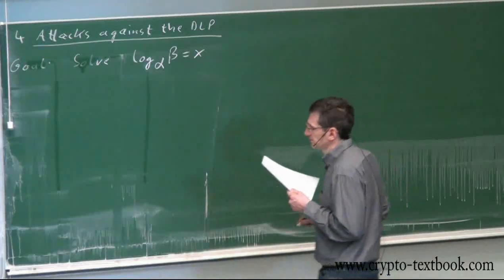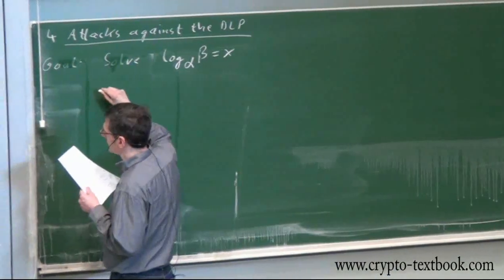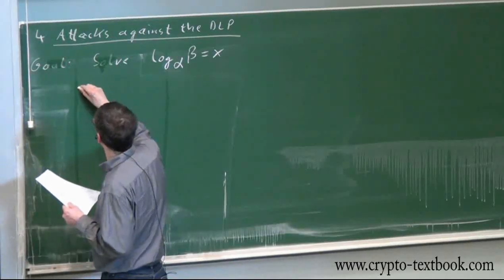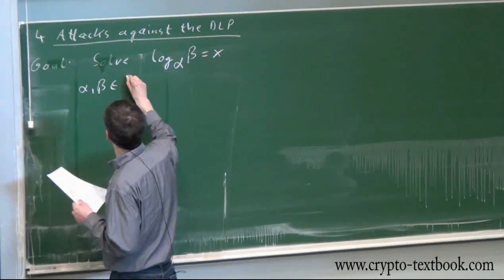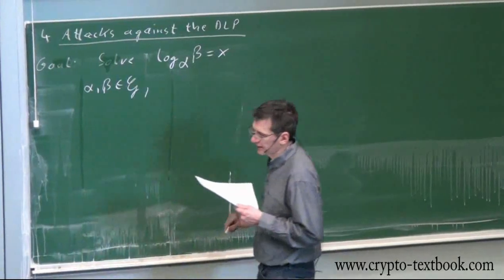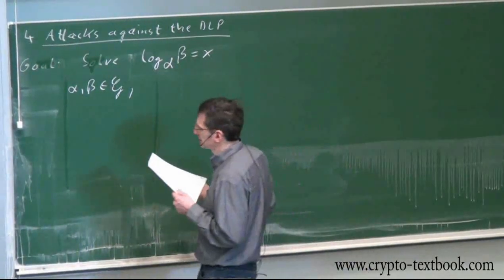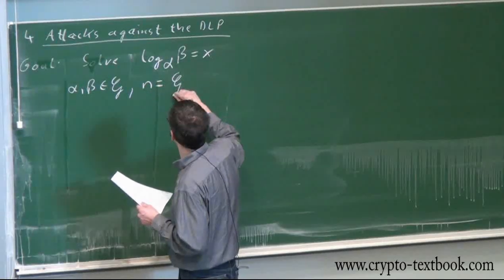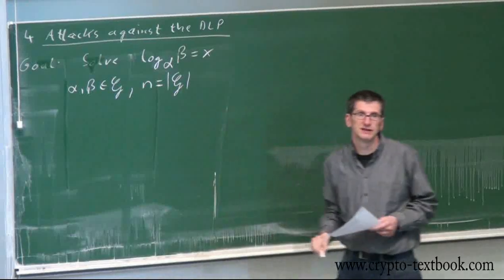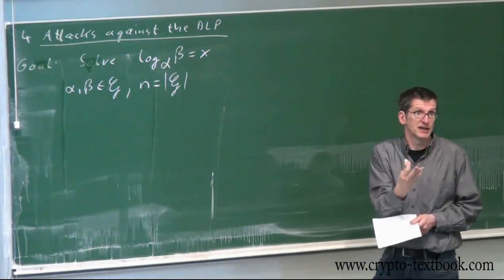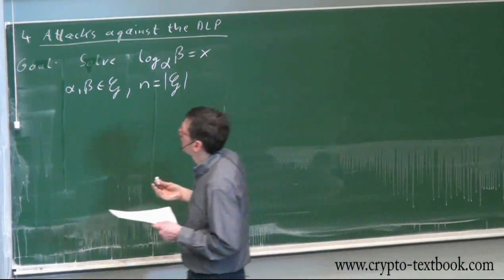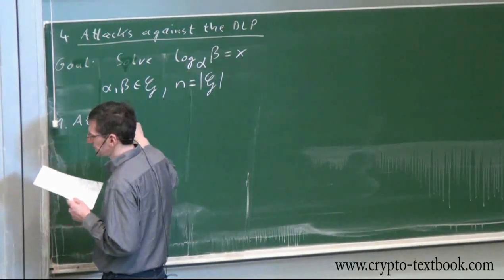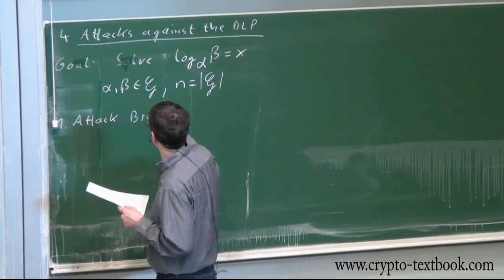Okay, and the parameters are as always alpha and beta in the group, and this group cardinality is n, and n is going to become important now. How many elements do we have here? Okay, so what are the attacks? First attack is brute force.